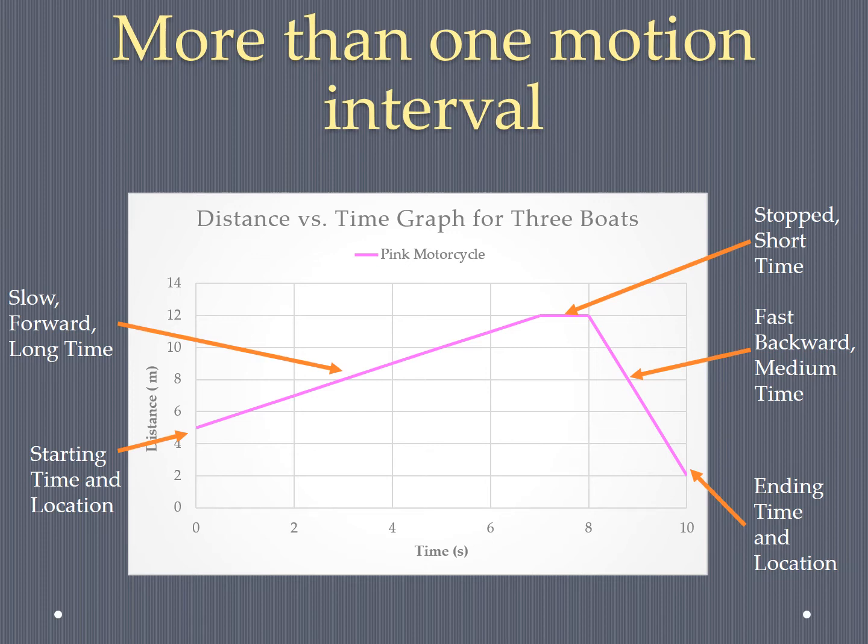And because this slope is much steeper than the slope of the first line segment, we know that it's traveling at a faster speed. It's covering a greater distance in a small amount of time. And at the ending time and location, after 10 seconds, the motorcycle stops at 2 meters away from 0.